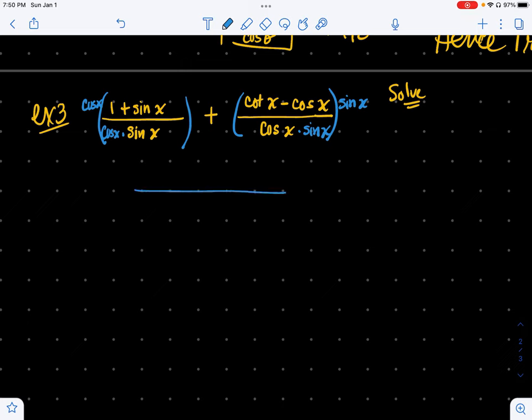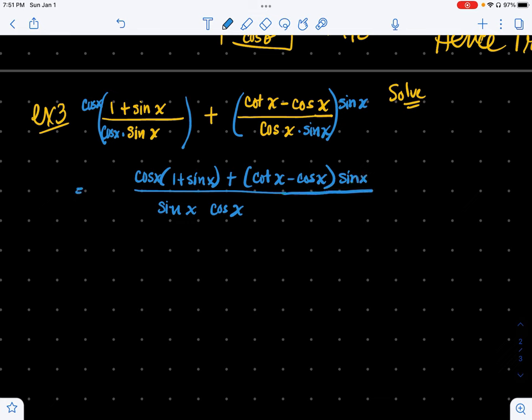Which means, what do I have in the denominator? In the denominator, I have sine x times cosine x. Same denominator. And in the numerator, I have cosine x times 1 plus sine x, plus cotangent x minus cosine x times sine x. Be very careful. You have to distribute all of these.